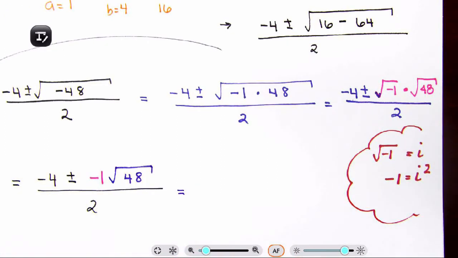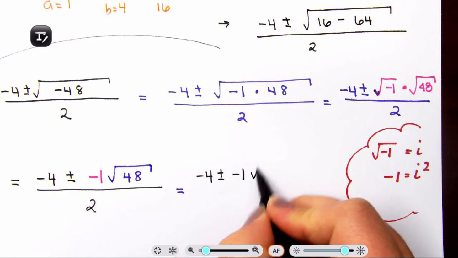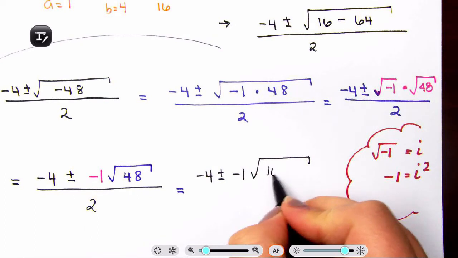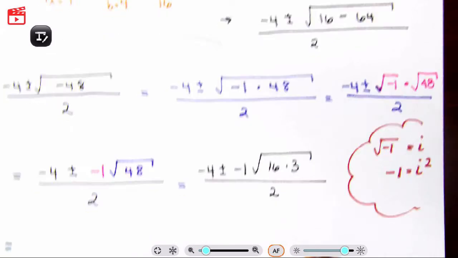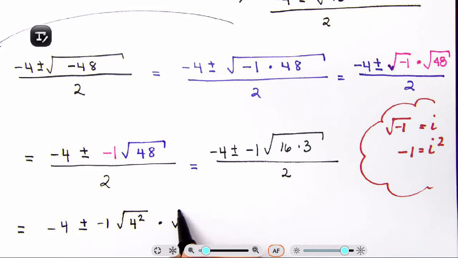So then what do we have? We're going to simplify this root 48 because I know that negative 4 plus or minus negative 1 times root 48. Root 48 is 16 times 3. Now you don't have to do this in as many steps as I did. Simplify it faster. I'm just wanting to show you all of my steps. And again, I'm going to do 4 squared, which is 16, times root 3.